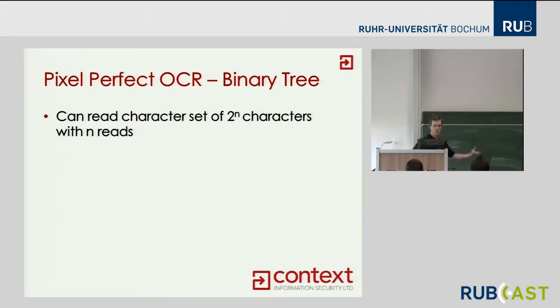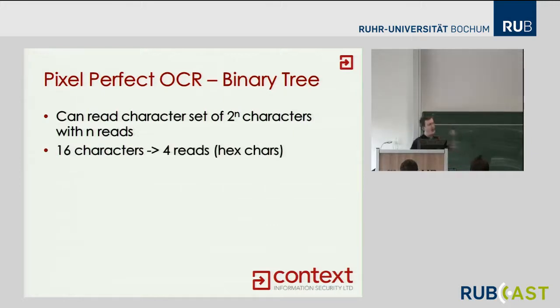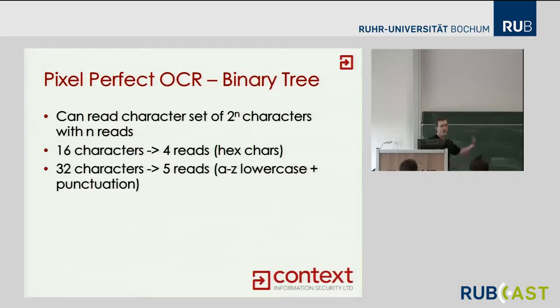So with the binary tree, the question was, how many pixels do we need to read in order to determine what the character is? It depends on the size of our character set. If we're dealing with 16 characters, if we know we're reading a hex value, then we only have to read 4 pixels to determine a character. Each time we double the set, we have to read an extra pixel.